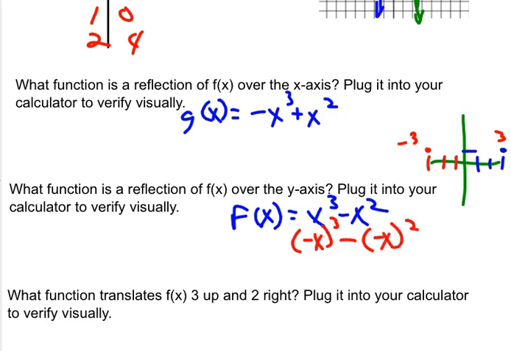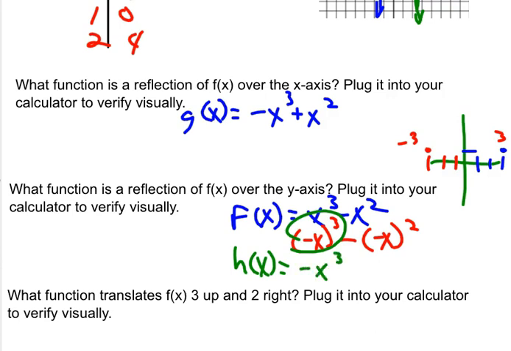Just like we did early on, when you plug in for a variable, make sure you use parentheses around what you plug in. So I plug in -x. Now if I simplify that, I'll call this one, I don't know, h of x, just to be different. What's (-x) cubed? Well, there's 3 negatives, so it's still -x cubed.